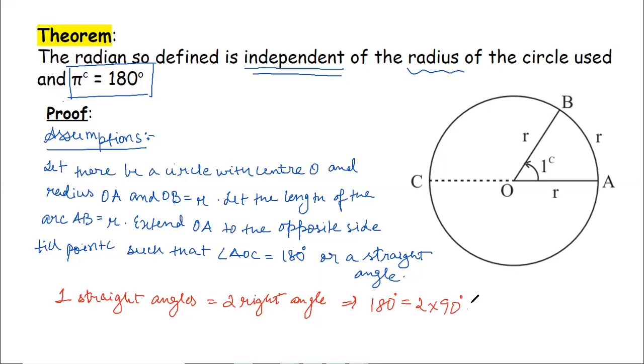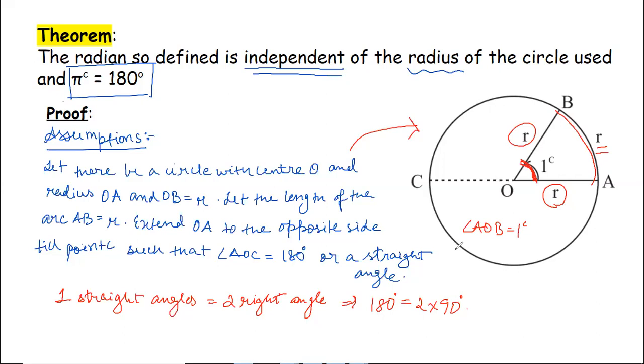So these are the assumptions we have made, and according to them there's a diagram given beside. If radius OB, radius OA is equal to R, and we have also assumed that the length of arc AB is equal to R, then by the definition of radian measurement the angle subtended, angle AOB, will turn out to be 1 radian.